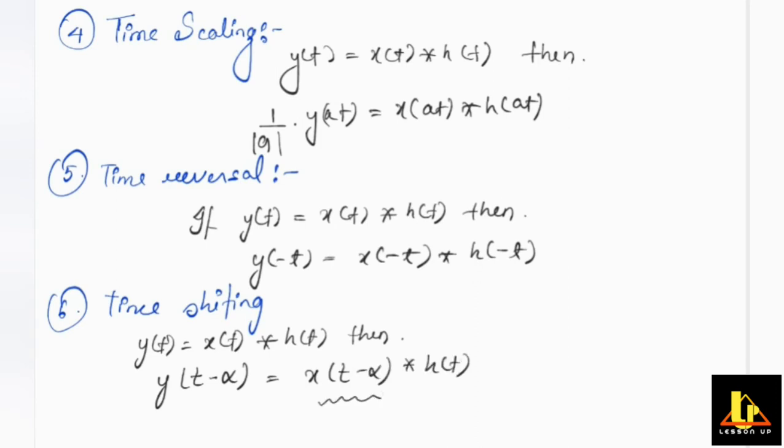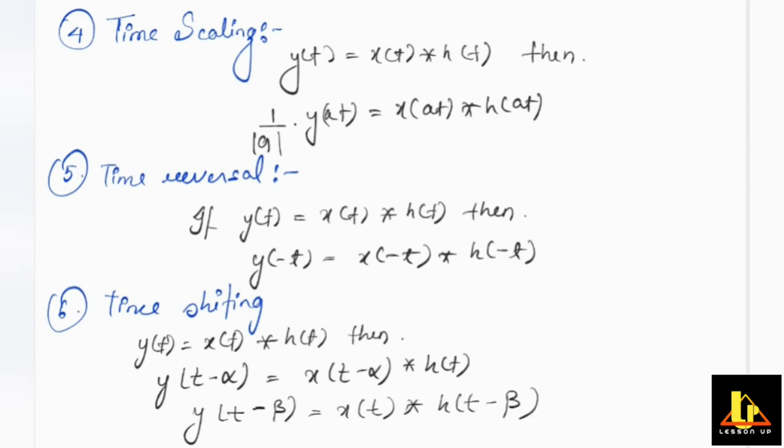So if you shift input, your output will get shifted, or if you shift impulse response, your output will get shifted. For example, you can write this as y of t minus beta is equal to x of t convolution of h of t minus beta.